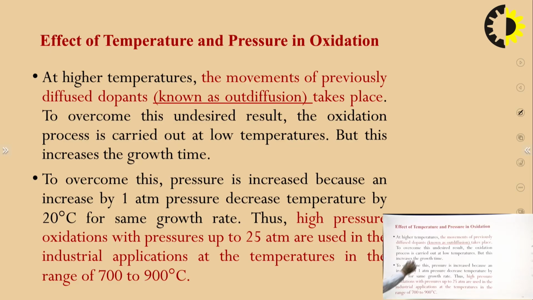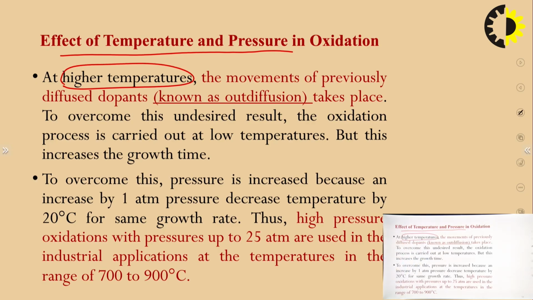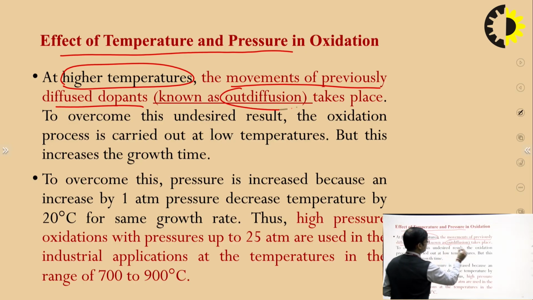Now, the effect of temperature and pressure in oxidation. It has been discussed previously that there are certain drawbacks associated with high temperature processes. If we do any VLSI fabrication process at a high temperature, the movement of previously diffused dopants takes place, which is known as out diffusion.